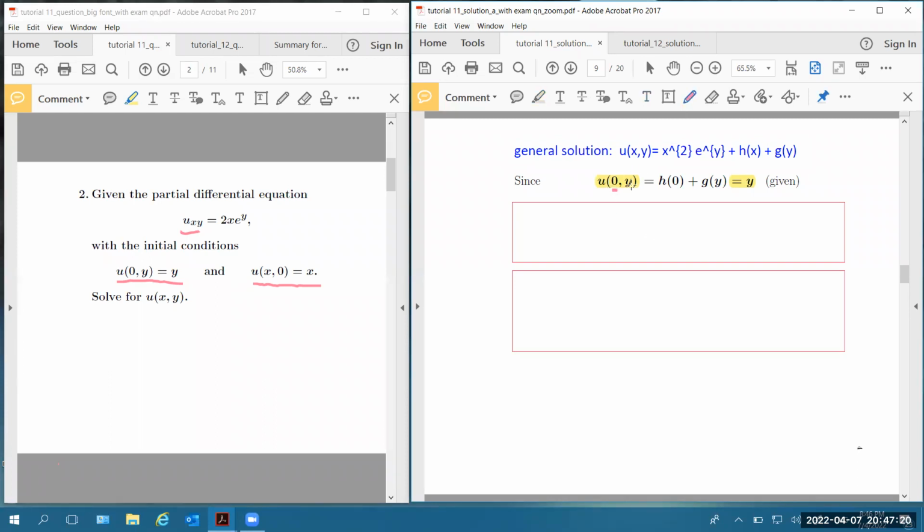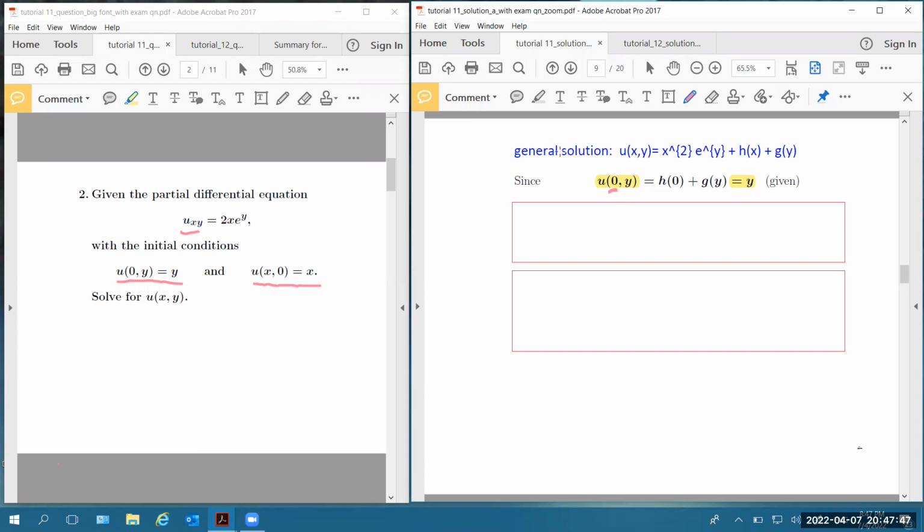When they say u(0,y), this 0 means which variable is 0? Class, anyone? Yes, x is 0.